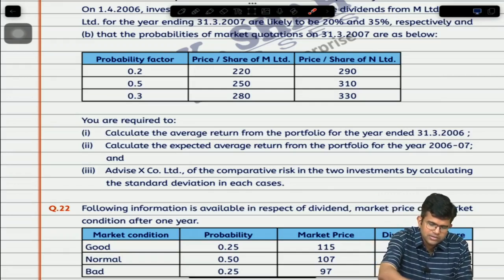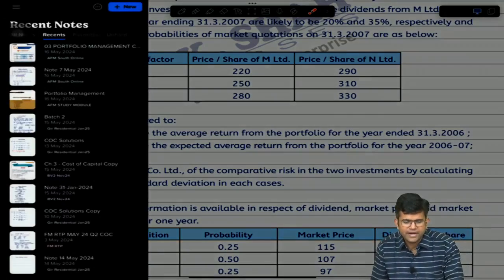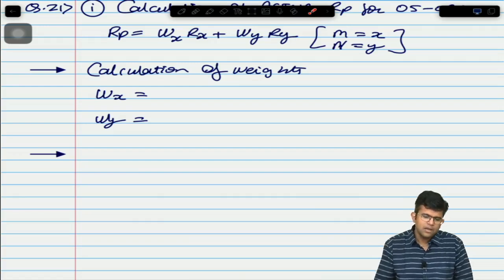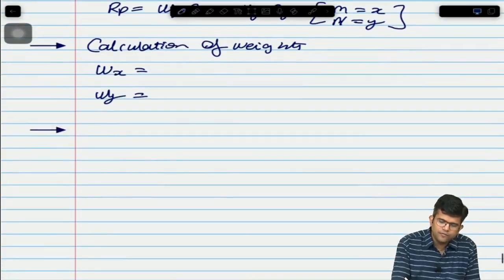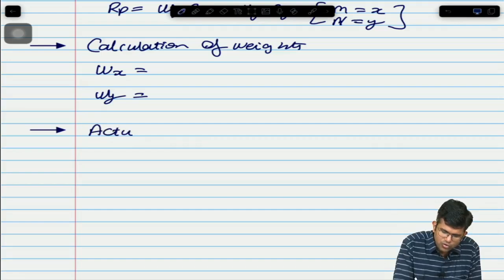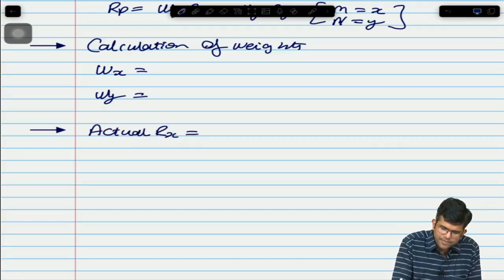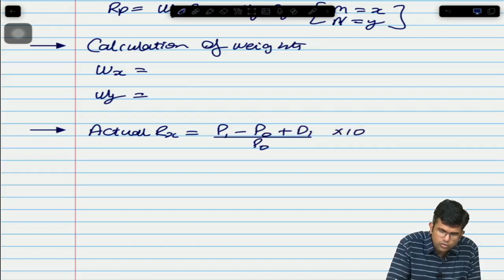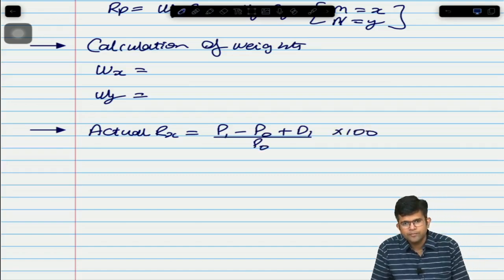Now students, for finding Rx and Ry, do you realize we will have to find, listen carefully, actual Rx will be P1 minus P0 plus D1 upon P0 into 100. Do you understand what I am trying to do?